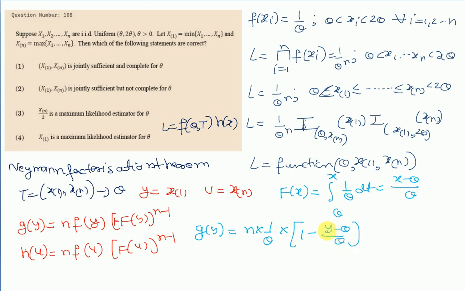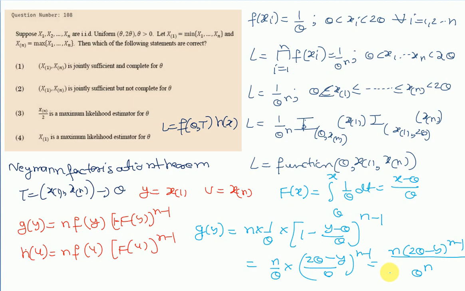It is nothing but the distribution function of x, but we only replaced x by y, raised to n minus 1. So finally n upon theta times ((2 theta minus y) upon theta) raised to power n minus 1. And finally this term can be simplified as n (2 theta minus y) raised to power n minus 1 upon theta raised to power n. This is how the density function of the minimum came.